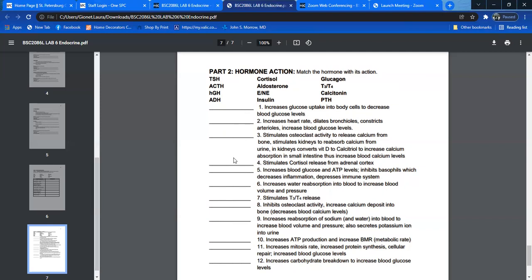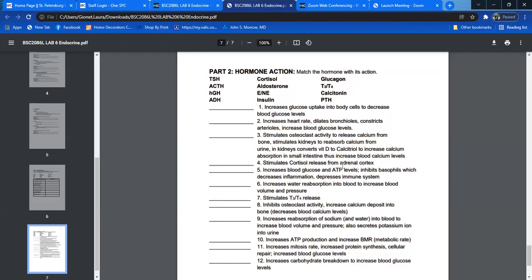Number 3, stimulates osteoclast activity to release calcium from bone, stimulates the kidneys to reabsorb calcium, blah, blah, blah. It increases blood calcium levels. This is parathyroid hormone. 4, stimulates cortisol release from the adrenal cortex.